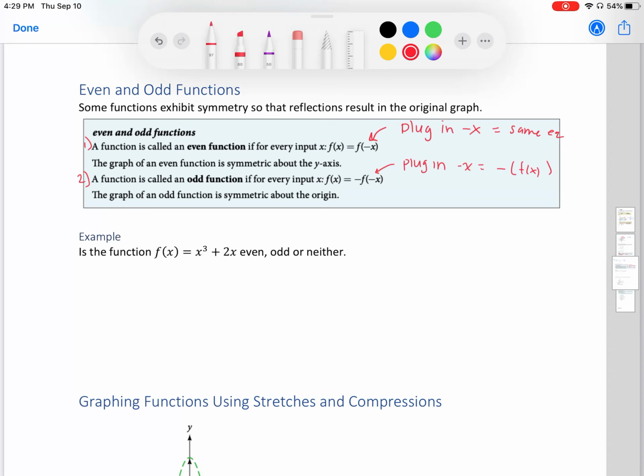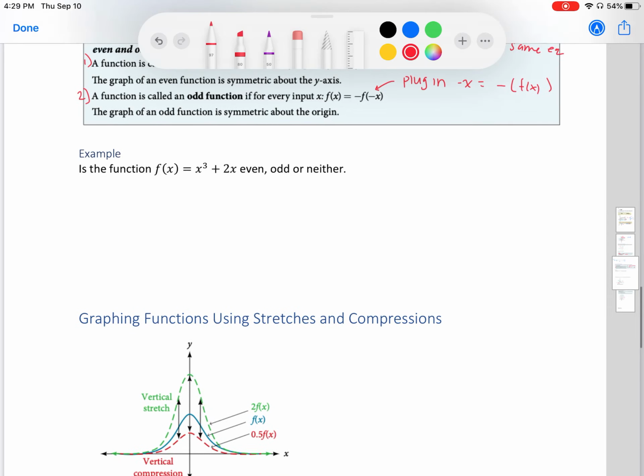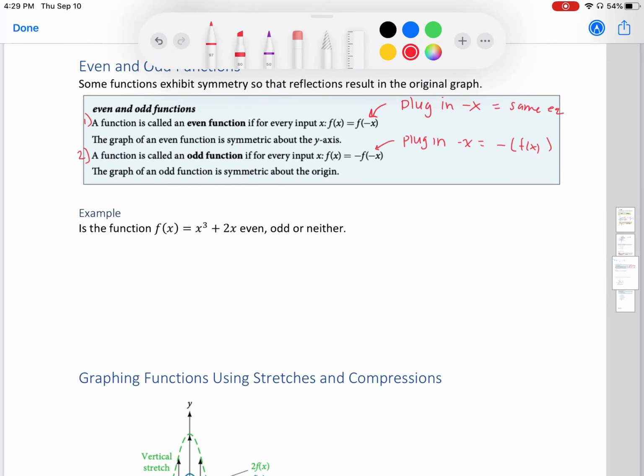Okay, let's take a look at an example. Is the function f of x equals x cubed plus 2x even, odd, or neither? Well, what's nice for us is that it takes the same step for all of them. For all of these, we are just going to plug in a negative x, and our answer will let us know what we're looking for.